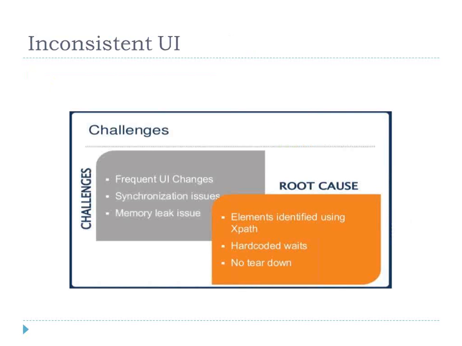The next is automation challenges. What challenges will we normally face when doing automation? One is frequent UI changes. That means UI is always inconsistent; it is intended to be changed. Say for example, today I design a screen with certain control IDs and control names. The next developer may change those control IDs and names.